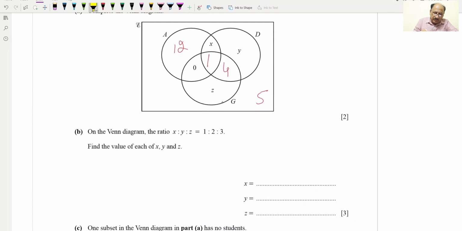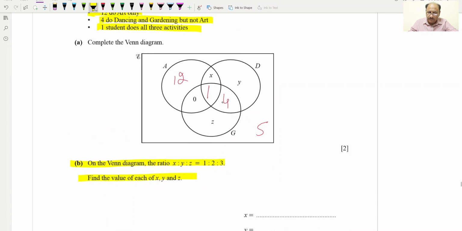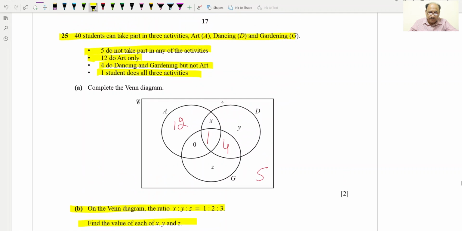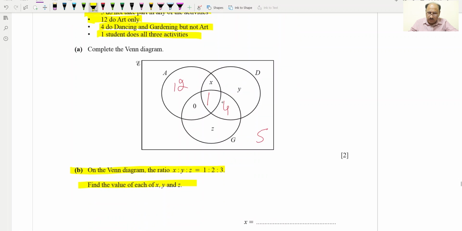Now for the B part, they are saying on the Venn diagram the ratio x:y:z is 1 to 3, and find the value of each of x, y, z. We need to find x, y, z. So they are adding up to 40.